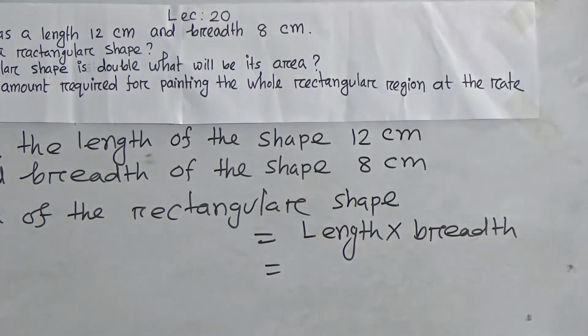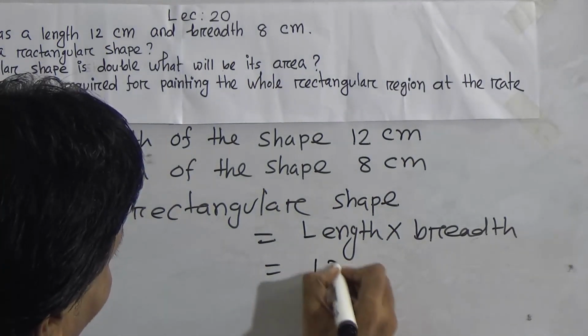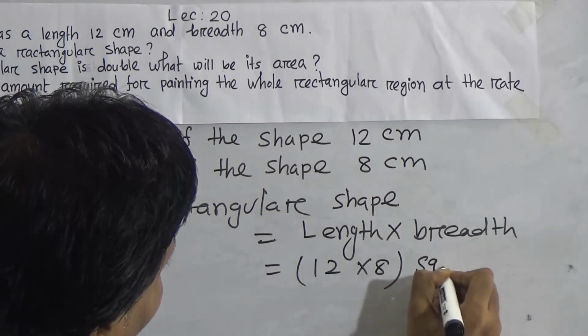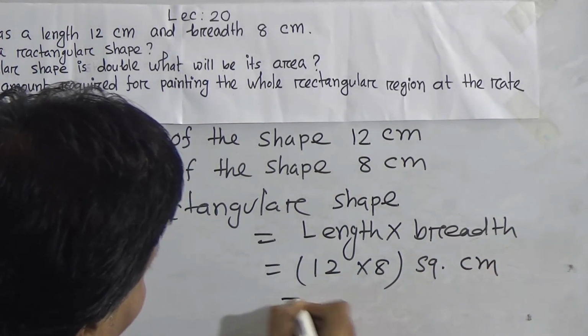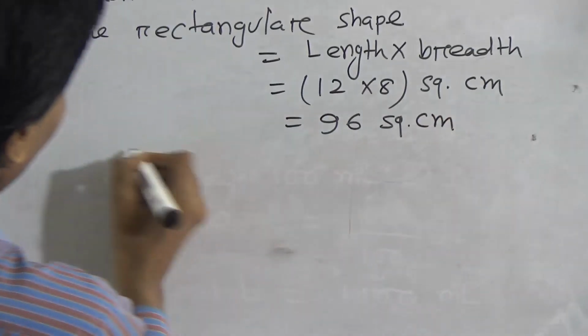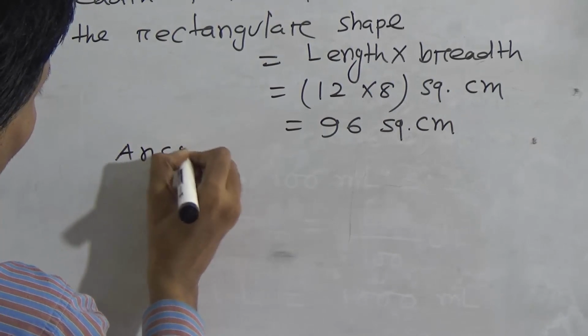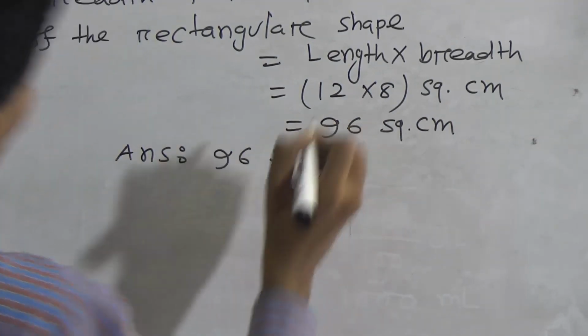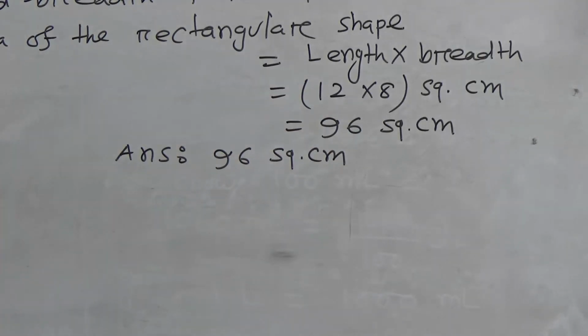Length into breadth, right? 12 into 8 equal to what? Square centimeter. Okay, write the answer. 96 square centimeter. Now I'll solve the question number B.